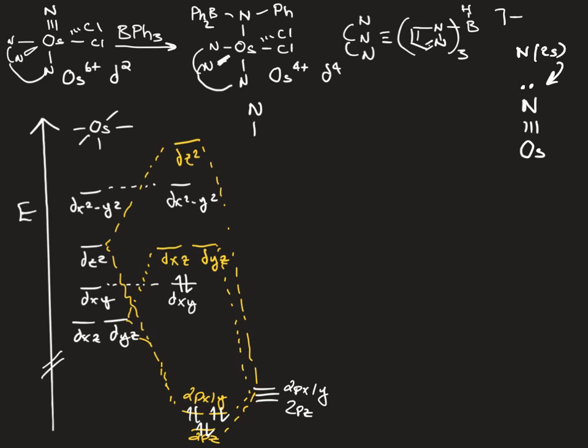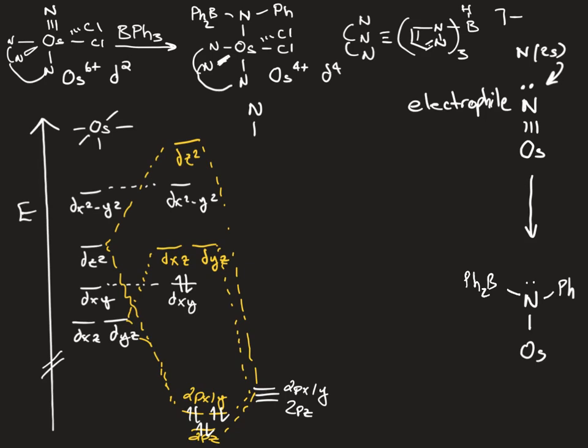Now, this nitrido is electrophilic. So it can accept 2 electrons contained in that boron-carbon bond in this BPH3 species, and we can form this moiety upon exposure to BPH3.